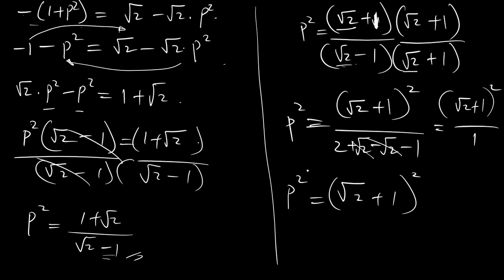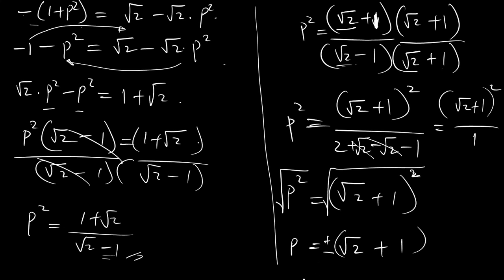Now taking the square root, p squared is equal to the square root of 2 plus 1 bracket close all squared. So taking the square root of both sides, you now have p to be equal to the square root of 2 plus 1. There's always plus or minus here, but we're taking the positive value, so we're not taking negative. So now that means tan 67 and half is equal to the square root of 2 plus 1.